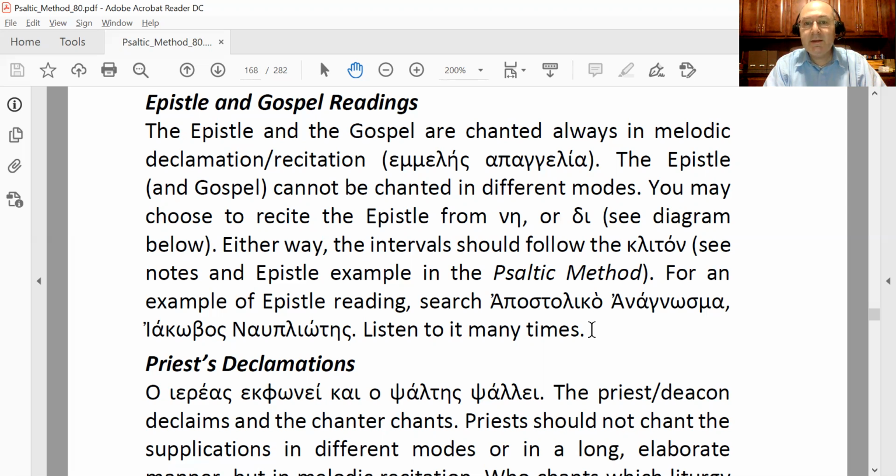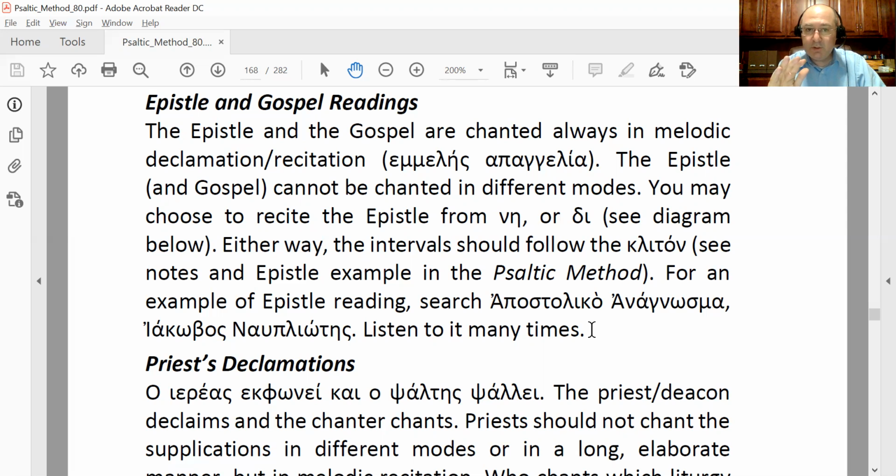Emelis, en melos, in melody, melodic. Apangelia, it's a recitation. So you recite, reading fast on a tone or a note.